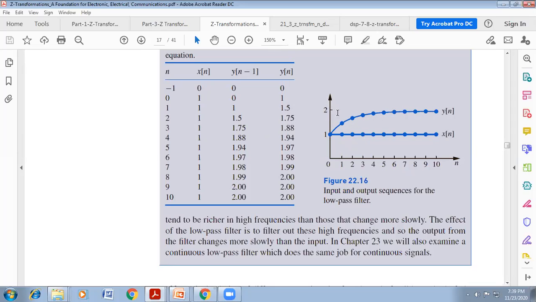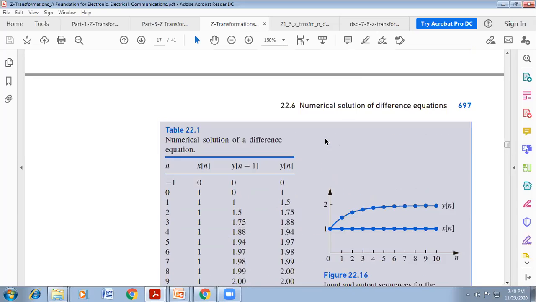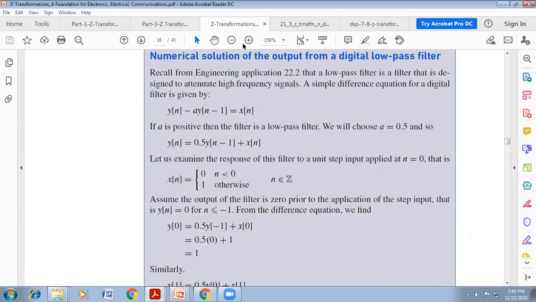That means this is a curve, not linear. So we can plot the input and output sequences for the low pass filter. Can you do this example?